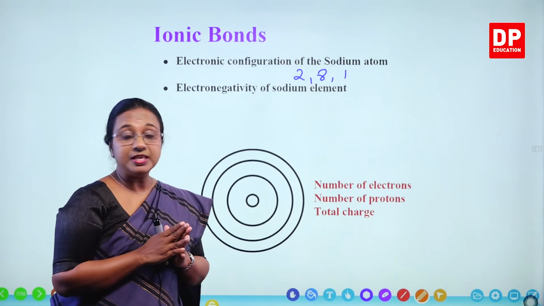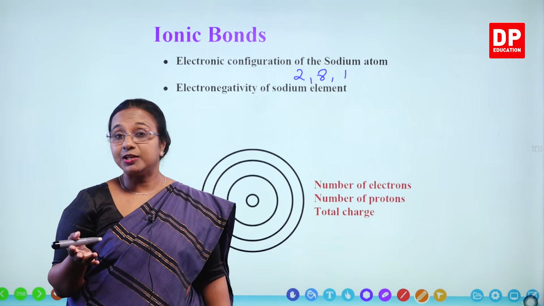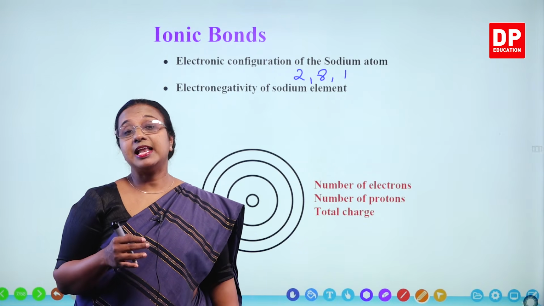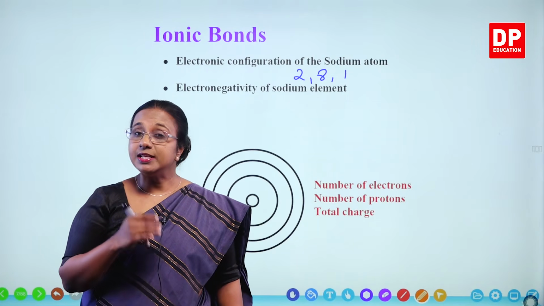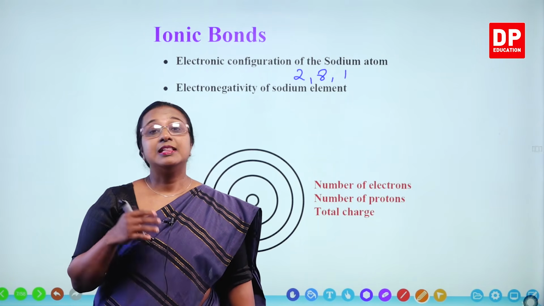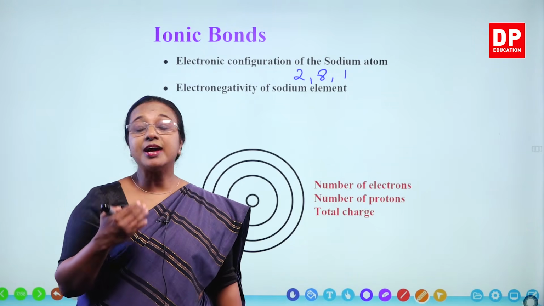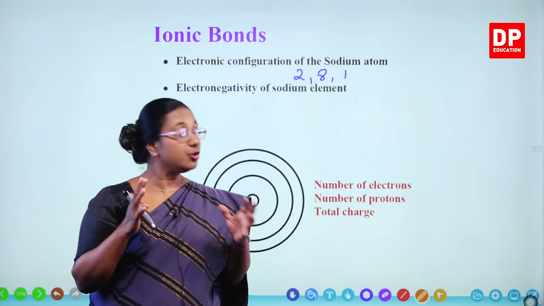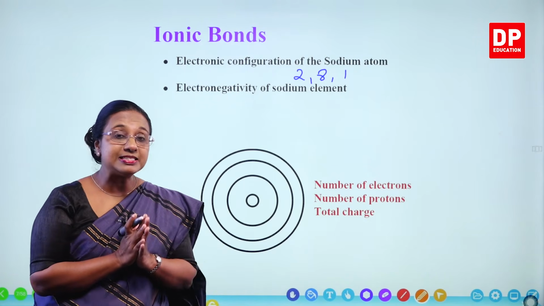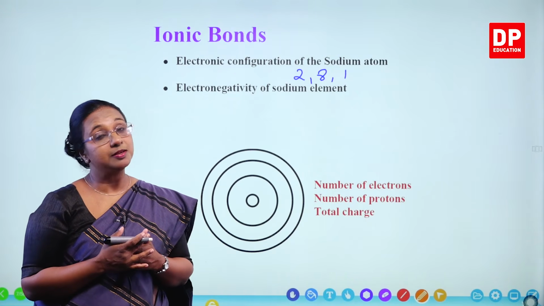Sodium belongs to group 1 and it is a metal, and metals are usually electropositive. Because they are electropositive, their electronegativity is less. What is electronegativity? The ability of an atom involved in a bond to attract the electrons from the bond towards itself. So usually sodium has less ability to attract the electrons towards itself from a bond.